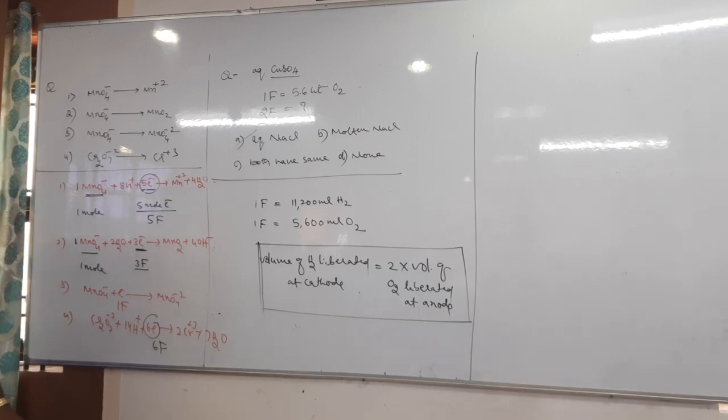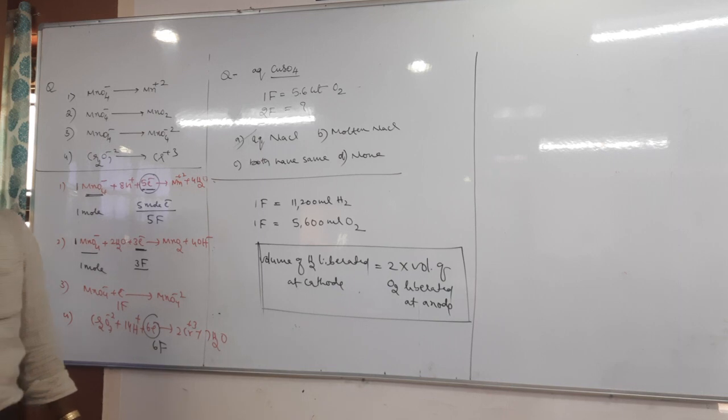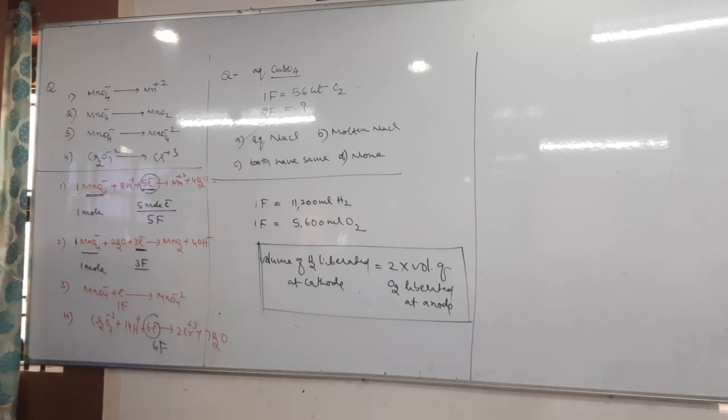What is the ratio of hydrogen and chlorine liberated at electrodes? Very good, 1:1.